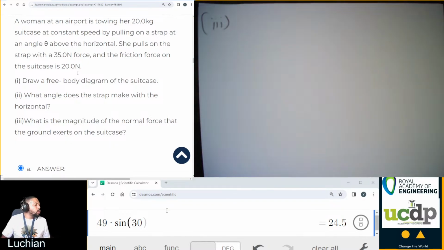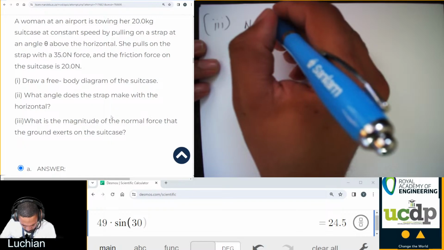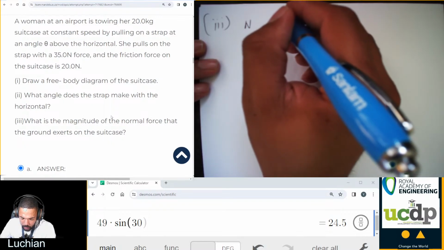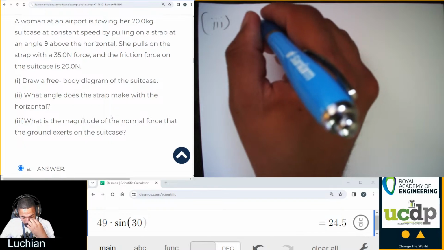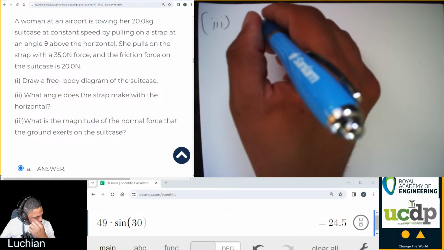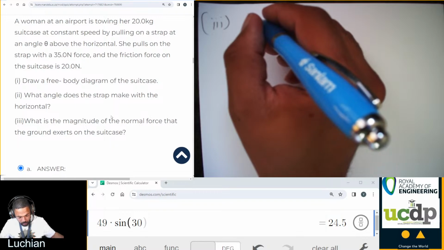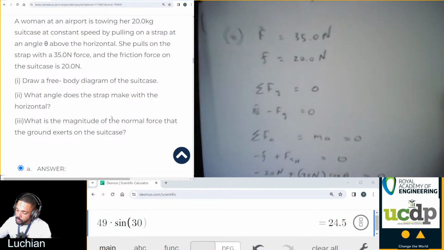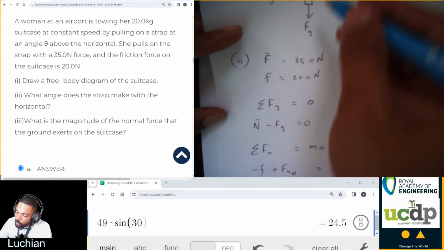What is the magnitude of the normal force that the ground exerts on the suitcase? Okay. Now we know that the normal force plus... although here I forgot to add the vertical component of the forces in the y direction.